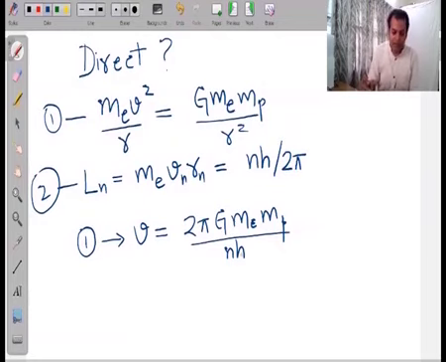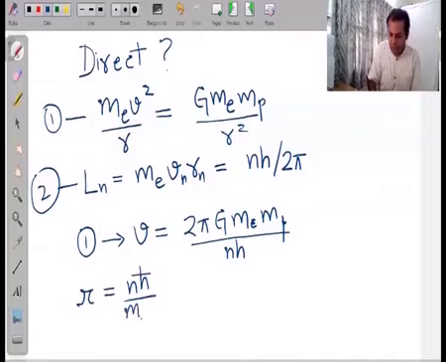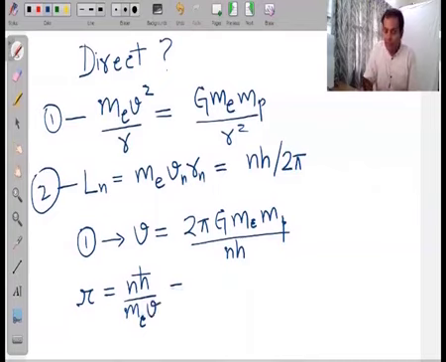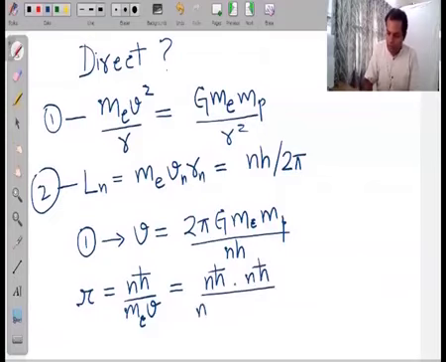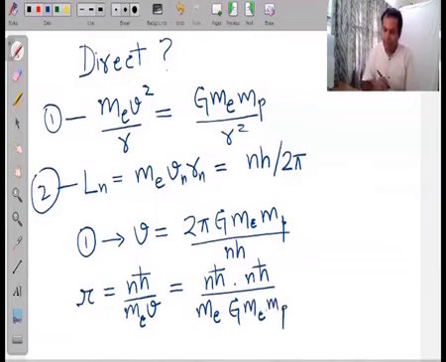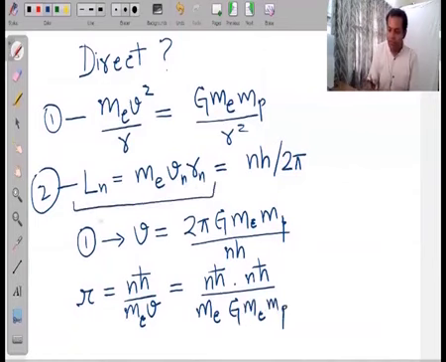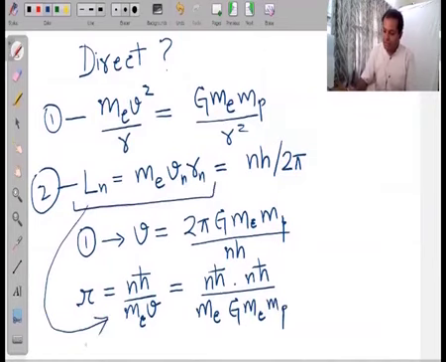And further I can get the R to be NH bar upon MV, but here it's mass of electron. There are two masses times V, and this will give me NH bar into NH bar upon ME G ME MP. You will note that this part of the expression has been used over here, and the result for the velocity has been used over here.